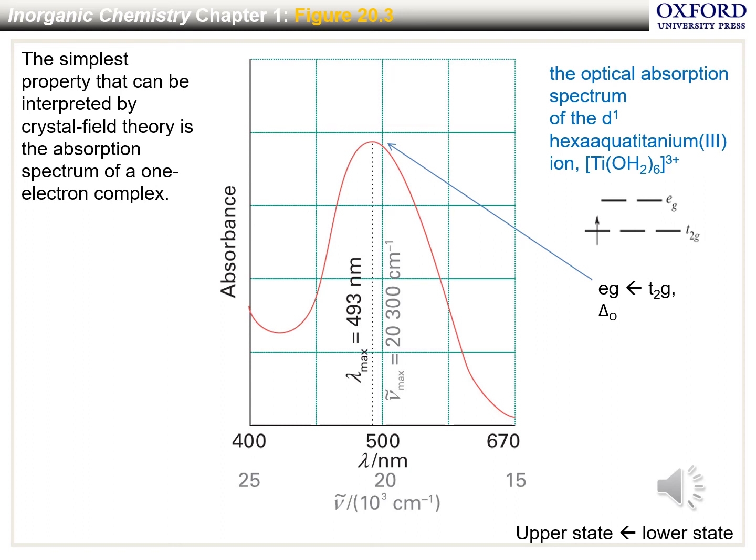This means that the absorption results from the change in electronic configuration from t2g1 eg0 to t2g0 eg1. And the value of the lambda max gives a measure of your delta oct. For systems with more than one d electron, the evaluation of the lambda max is more complicated.